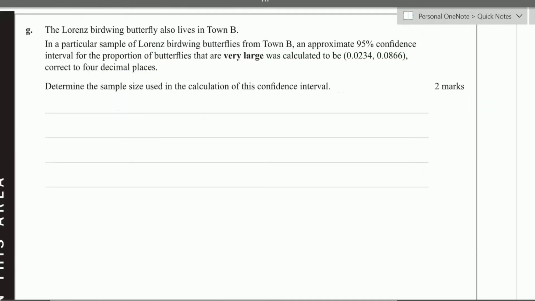Yeah, so now it tells you what the confidence interval is, and it's asking you for the sample size.